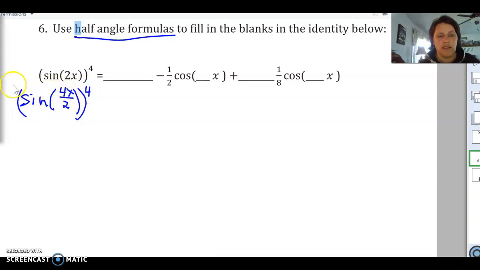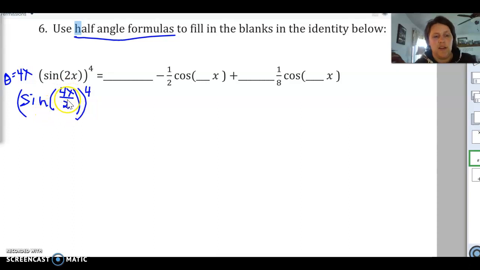So what does theta equal? Theta is equal to 4x in this case.